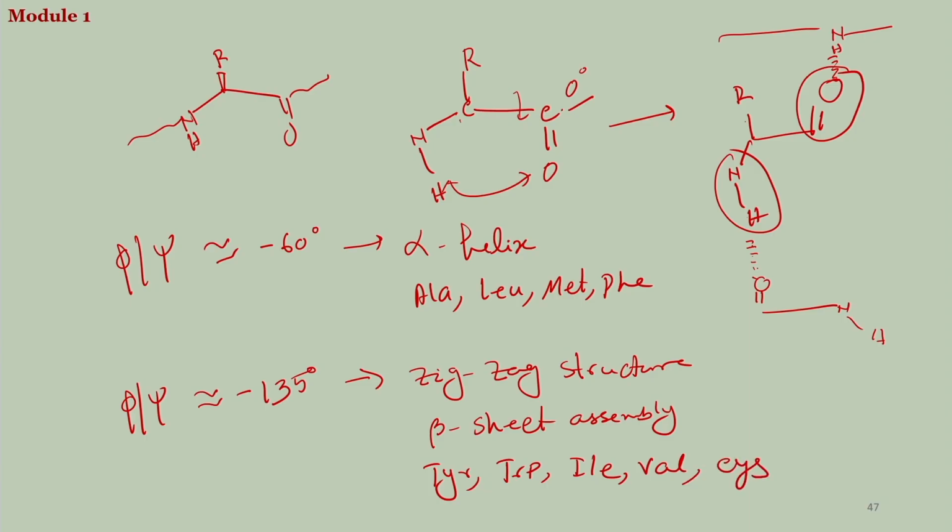These kinds of amino acids, if they are present in a sequence or if the protein is rich in such sequences, then those segments will be more prone to form beta sheet kind of structure. So, within a protein, a certain segment of the protein can assume alpha helix conformation, and certain other parts of the protein can assume beta sheet conformations also. Not necessarily the whole protein will be either alpha helix or beta sheet, no.